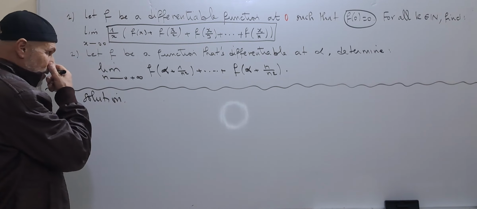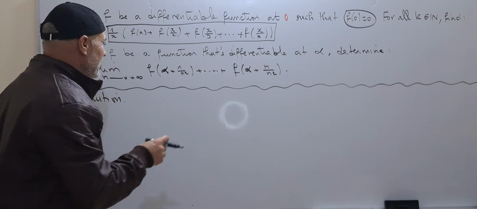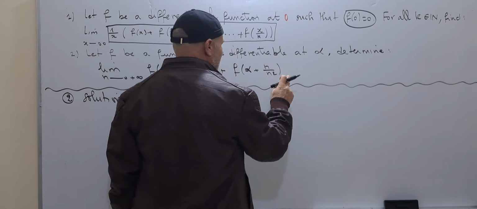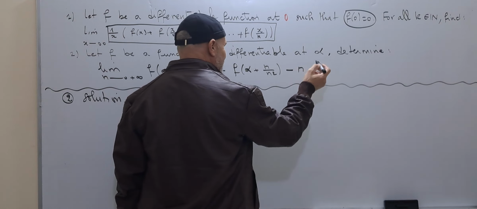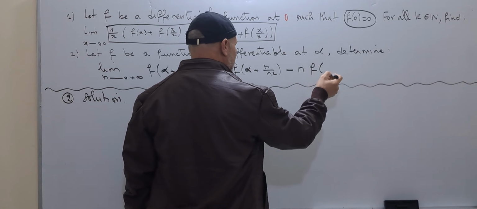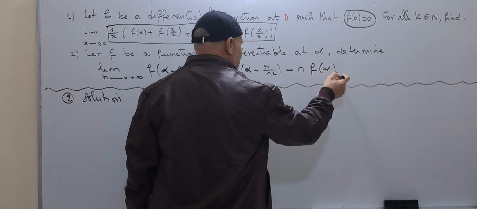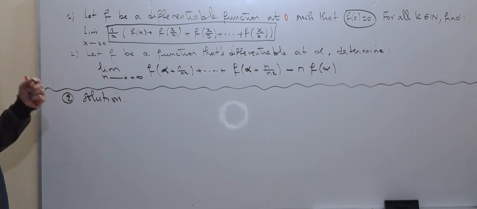Here what we can write: our function is the limit of the sum minus n f of alpha. Minus n f of alpha. This is the question. Yeah, I think that this is the question.